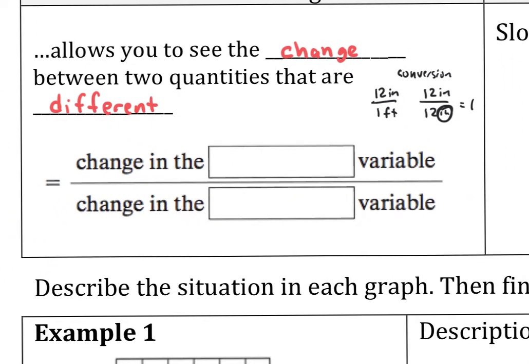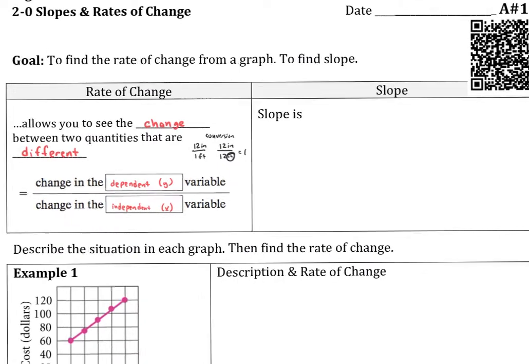Okay, so it's a change in the dependent variable, usually we say y, divided by the change in the independent variable, and that's usually x. Now, before we go on, I do want to define what slope is.